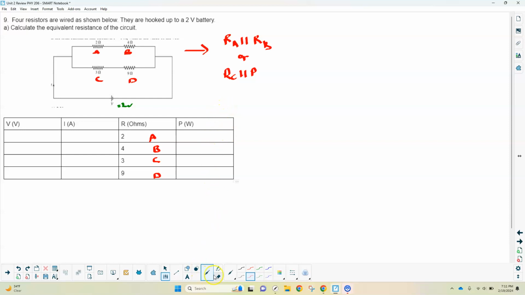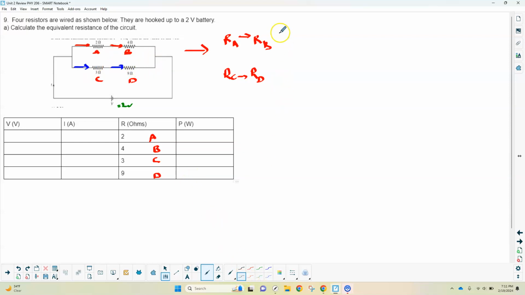RA is in series with RB, and RC is in series with RD. So that makes sense because they are on the same line. So the current that goes through this one will be the same current that goes through B, and then the same current that goes through C is the same current that goes through D. They are not the same currents, by the way, but just to make sure we understand it.